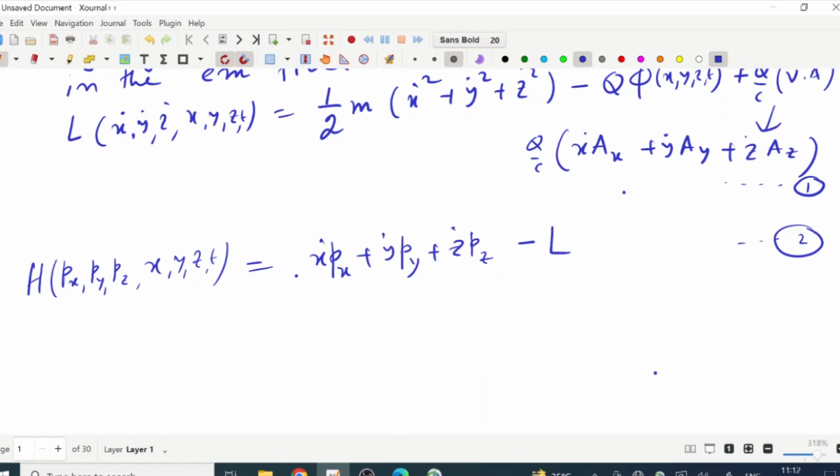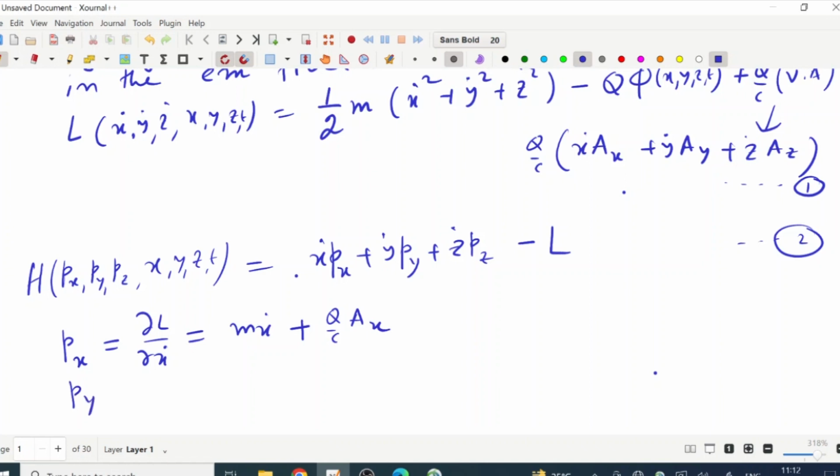And then the canonical momenta. We can calculate them from the Lagrangian, for example, px is del L by del x dot. All these are simple, and now you are familiar with this. Now if I differentiate with x dot, there are two places with x dot, one in the kinetic energy term and the other in the vector potential term. Okay. So, it will be m x dot plus q by c A x.